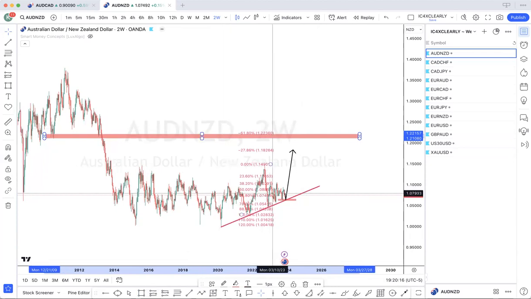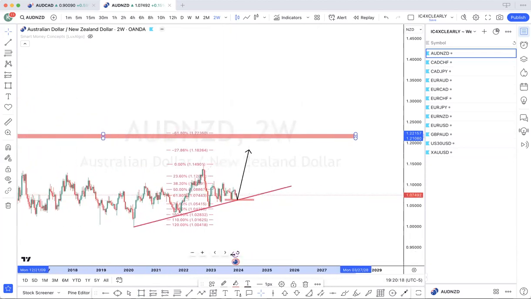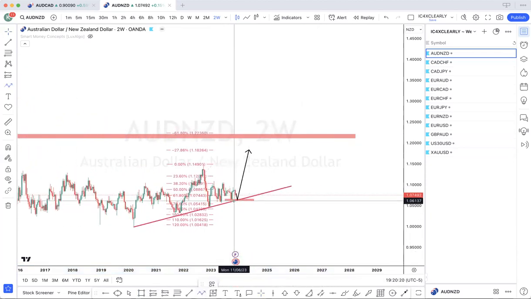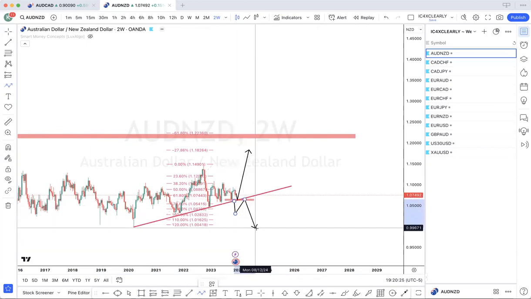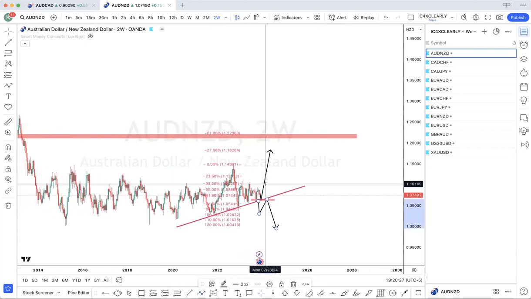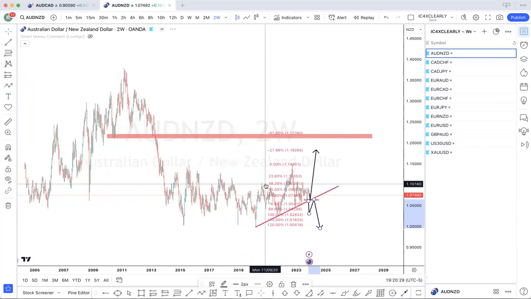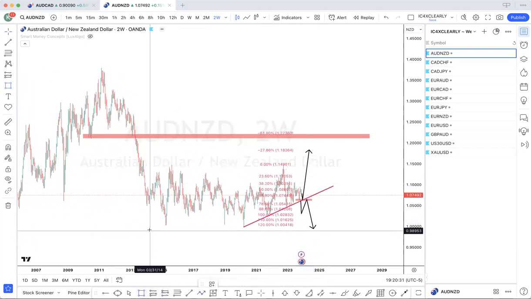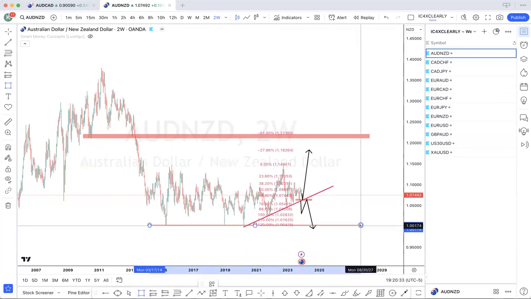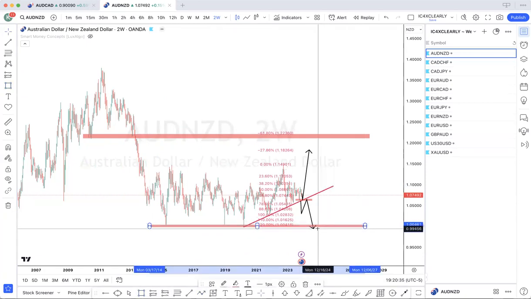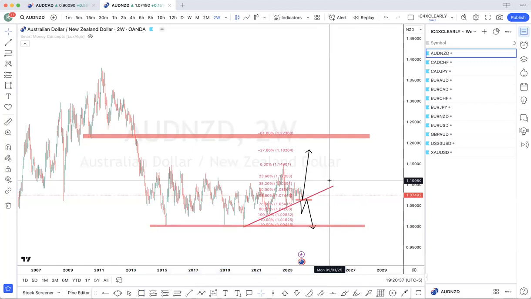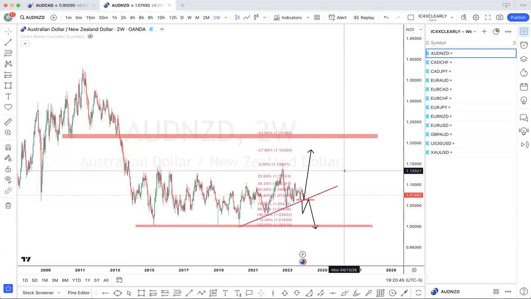Or if I'm not into the fundamentals, but if there's something fundamentally that can make this sell back down, and this is our key level here. So that would be the options for AUD NZD.